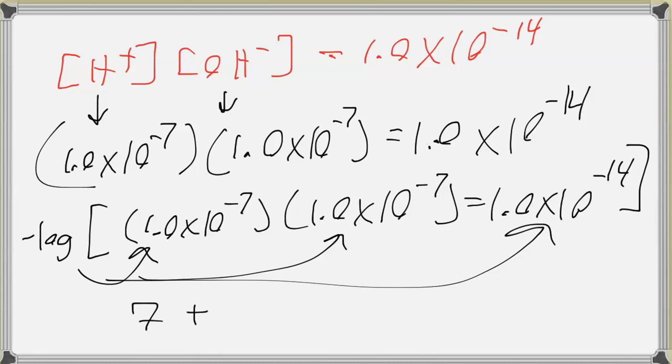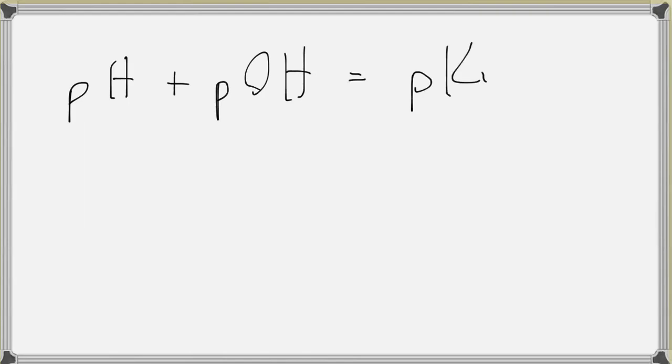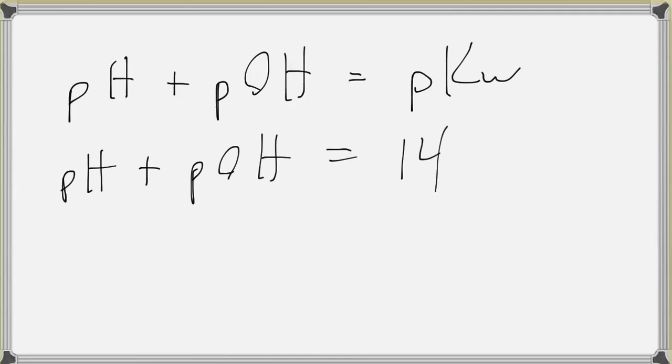Negative log of 1.0 times 10 to the minus 14th is 14. So what I've just derived here is that pH plus pOH is equal to pKw, or pH plus pOH equals 14.